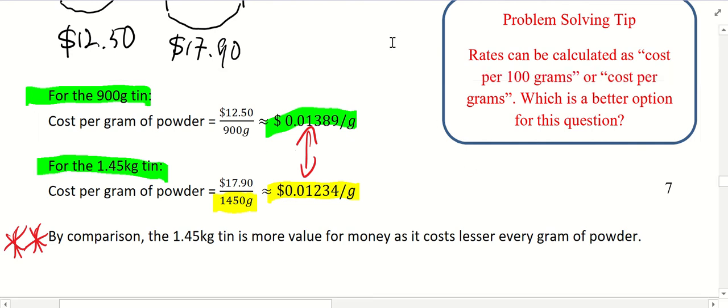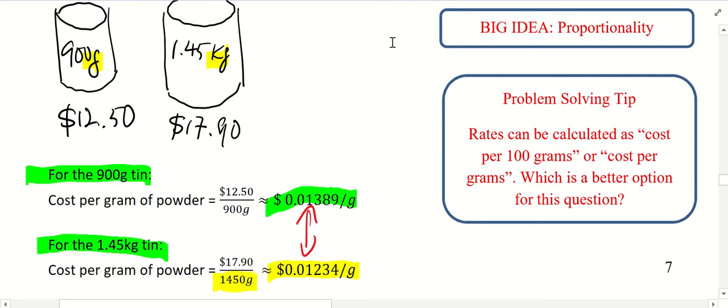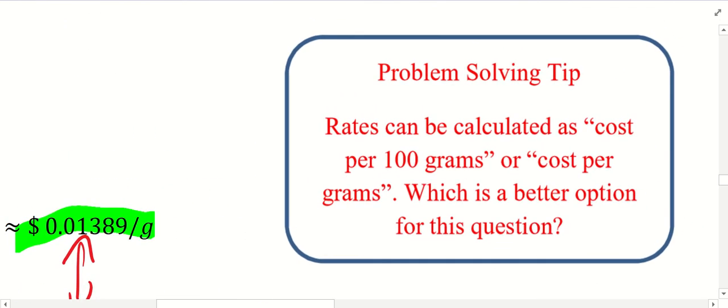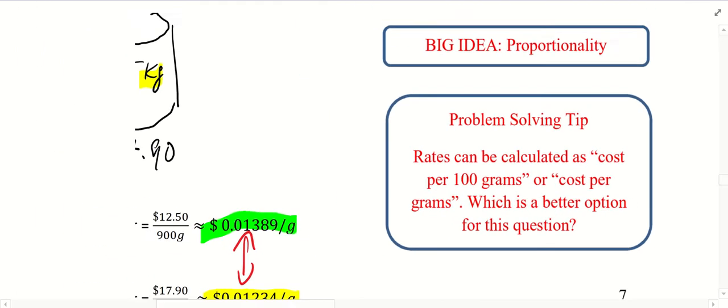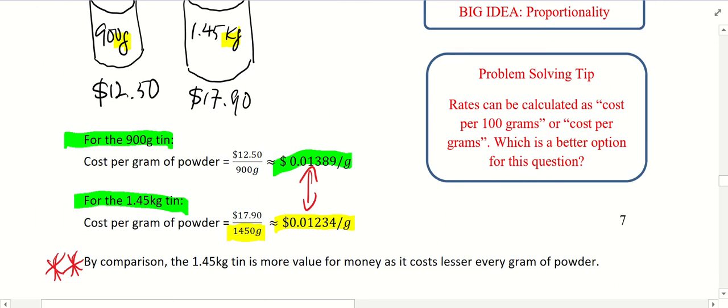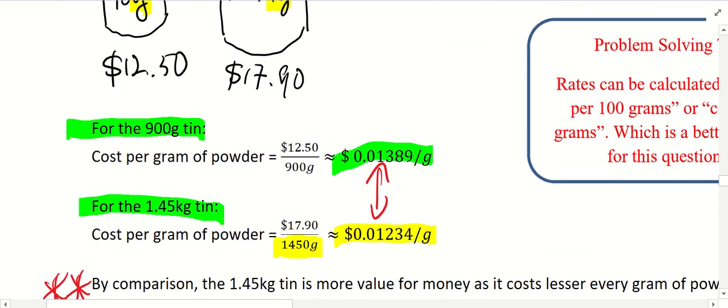Okay. Now, once you're done with this part, there is this problem solving tip over here. It asks us, just now we compared 1 gram of powder for both tins. That means our basis of comparison is 1 gram. That's why I say per gram over here.